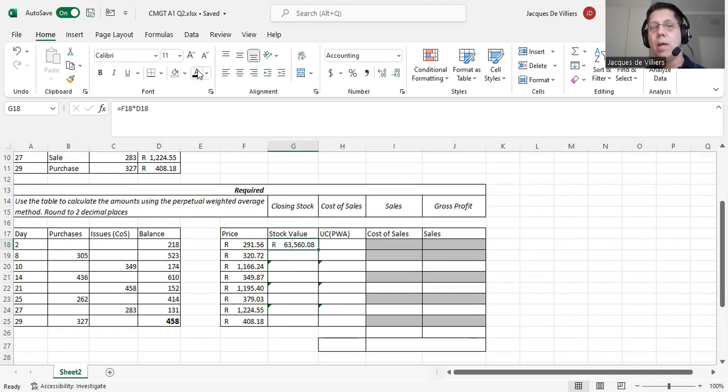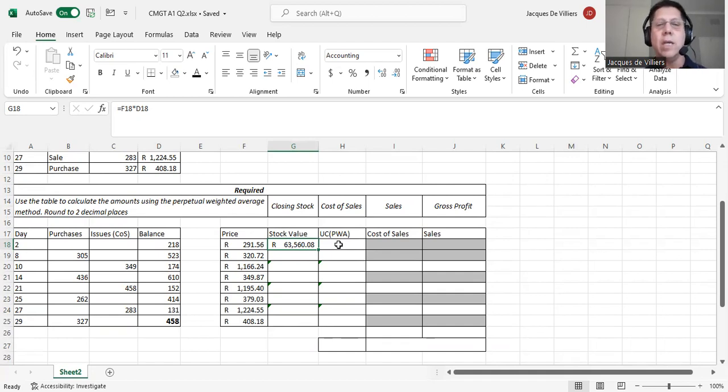And that'll be 63,560. Now, in this case, I've created a new column here, and this is the unit cost that we value our inventory at. Remember, this is what we are busy with. We are busy with inventory valuation at the perpetual weighted average. So this is what this means. Unit cost at perpetual weighted average.